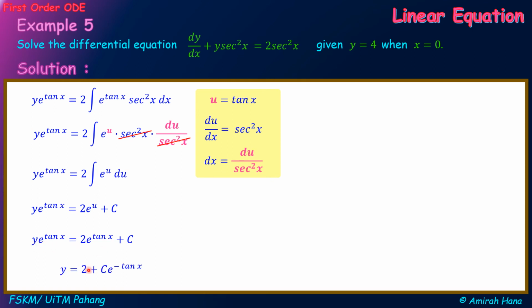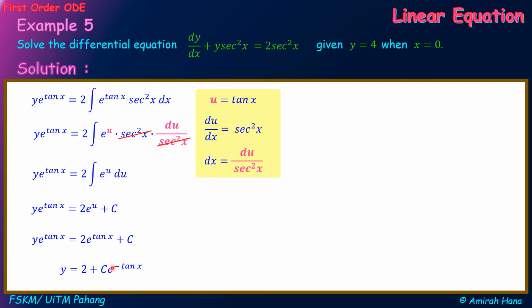So we have y equals, we divide 2e to the power of tangent x over e to the power of tangent x. So we get 2 here and then plus c over e to the power of tangent x. But we can write, using the properties of indices, we move up. So we get c e to the power of negative tangent x.